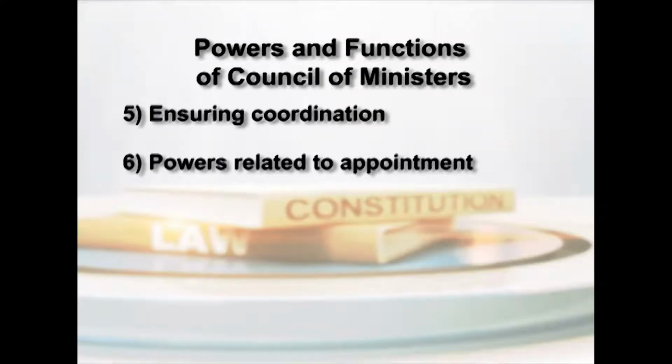Sixthly, the powers related to appointment. Article 74 of the Indian Constitution clearly states that there shall be a council of ministers to aid and advise the President of India.